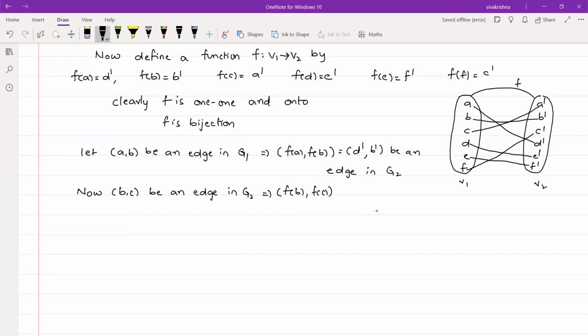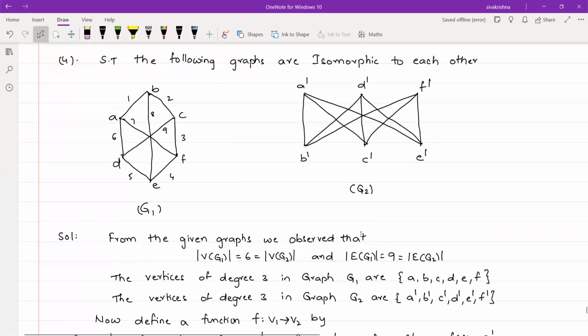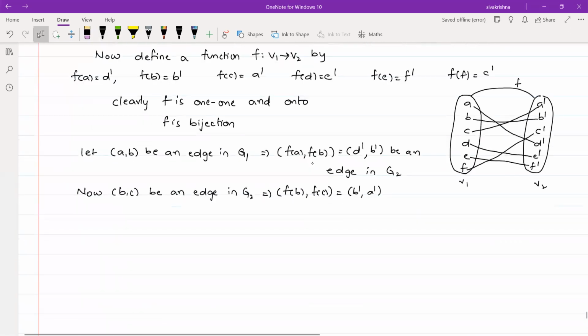Once again we are checking: F of B we have defined as B' and F of C as A'. Whether there is an edge between A' and B' in graph 2, we have to check. Yes, we have an edge between A' and B'. So (B', A') is an edge in graph 2.